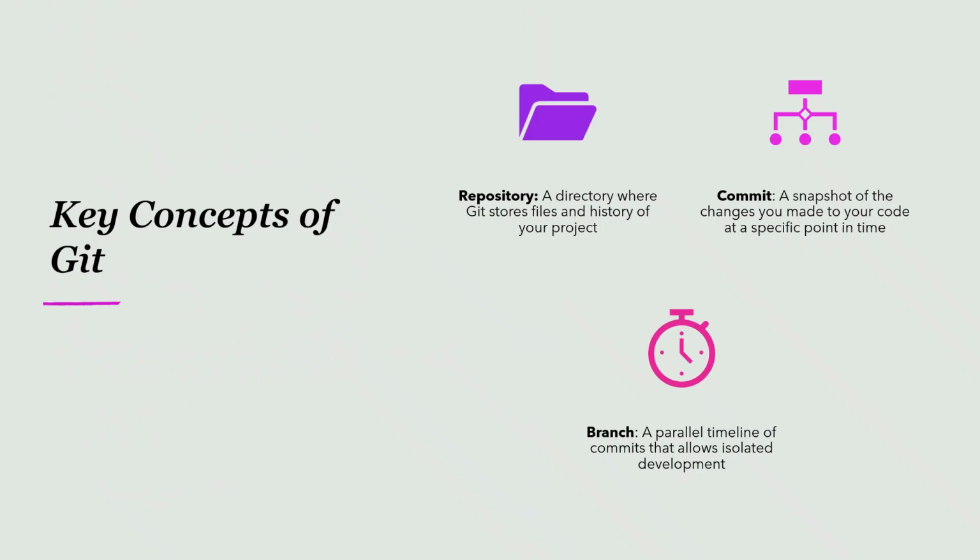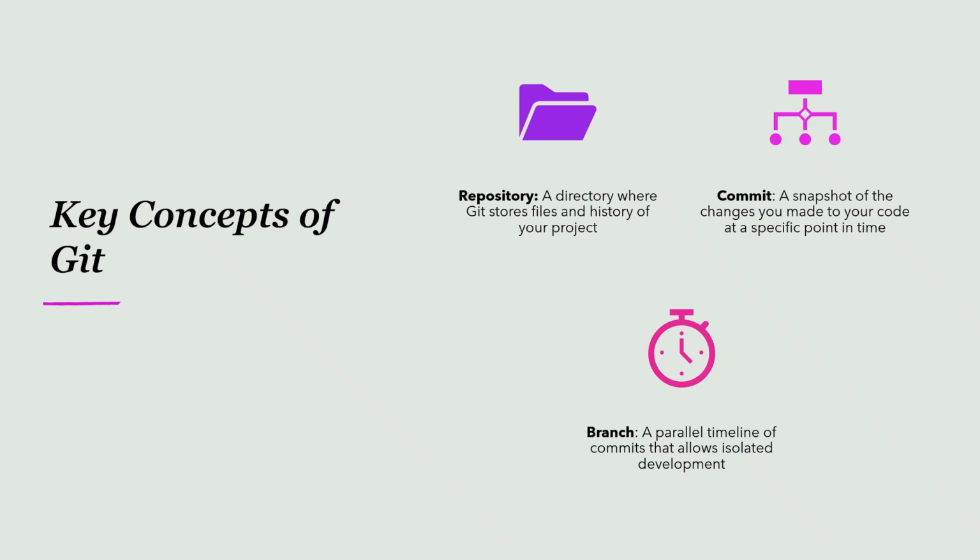And essentially, when you look at key concepts of the Git workflow, we have the repository, which is basically a directory where Git stores files and histories of your project. So you get to create that repository through a GUI or locally on your machine.